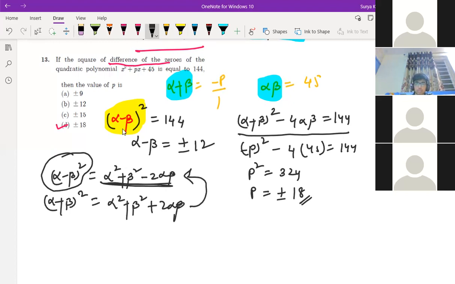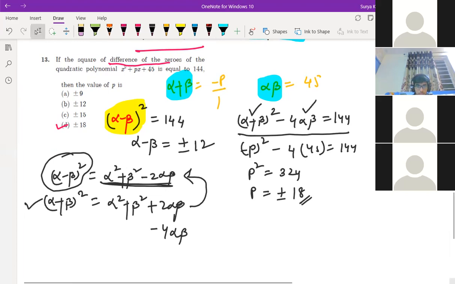So in alpha plus beta whole square, if you remove minus 4 alpha beta, then only this will come or not. This is the basic concept of class 8th. That's why we have put here alpha plus beta whole square minus 4 alpha beta, and this we have already done in NCERT also. So minus p whole square, same thing. Now it's clear, right? Yes.